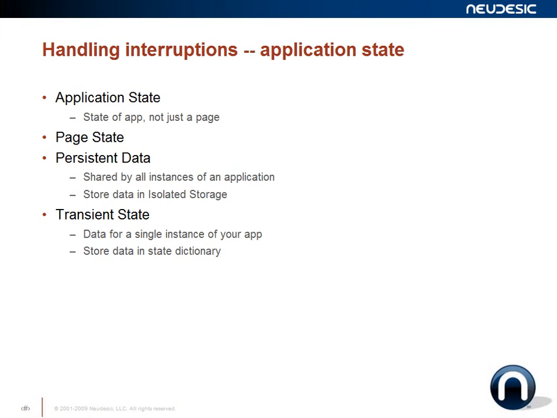One thing to note about this is something you want to think about from the beginning, because depending on how you do your development, it might be difficult to come in after the fact and try to implement this. A term that clicks with people here is tombstoning. What's basically happening when your application gets deactivated is that the phone still hangs on to it because it's still part of the backstack maybe.